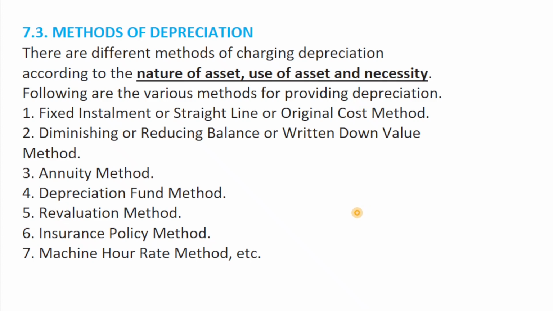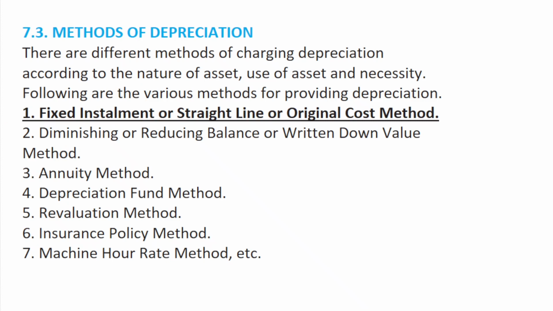Methods of depreciation. There are different methods of charging depreciation according to the nature of the asset, use of the asset and necessity. As per that, we have many ways of calculating depreciation. Following are the different methods: fixed installment method, also called straight line method or original cost method.